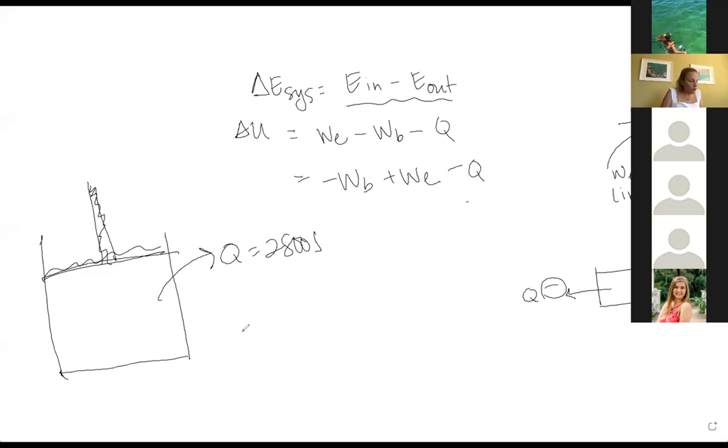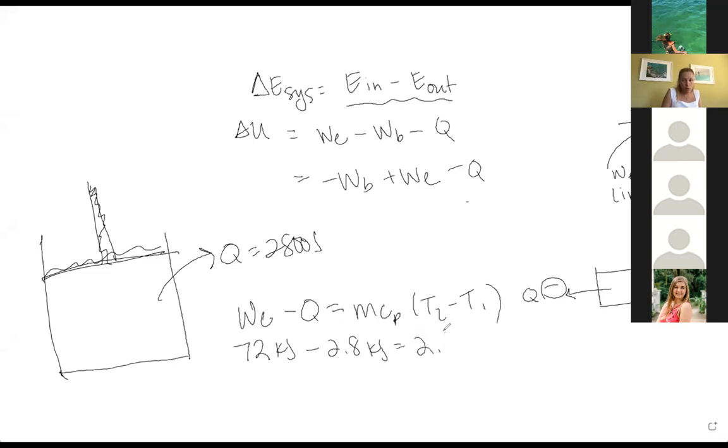So your setup should be your electrical work minus your heat is equal to your m Cp, temperature 2 minus temperature 1. Your electrical work is 72 kilojoules. Your heat is 2.8 kilojoules. Your mass is 2.25 kilograms.